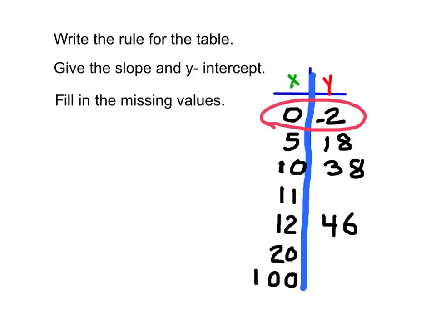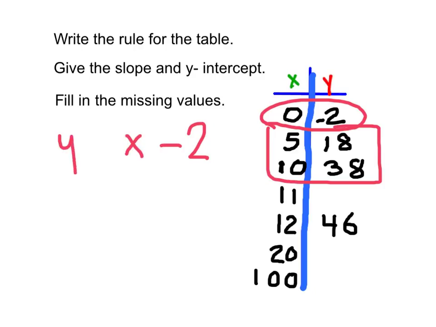Next, I need to look for the growth rate. Alright, so these 2 points right here could give me a good clue. I know that I'm going to have to subtract 2 as part of my rule, but I'm also going to be multiplying x by the growth rate.